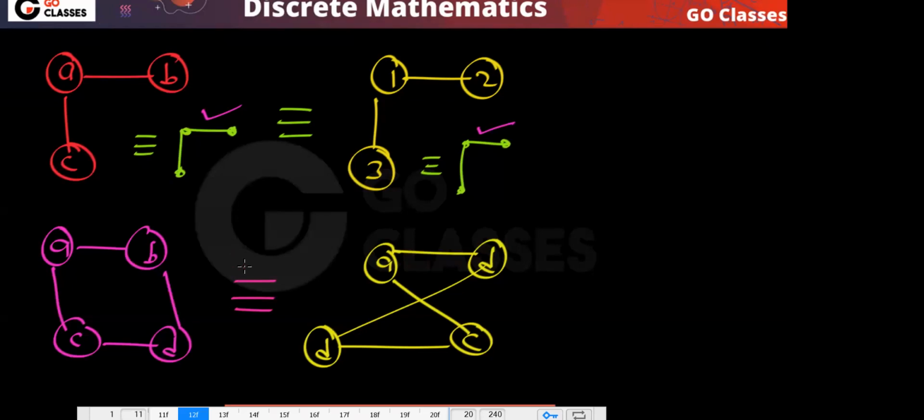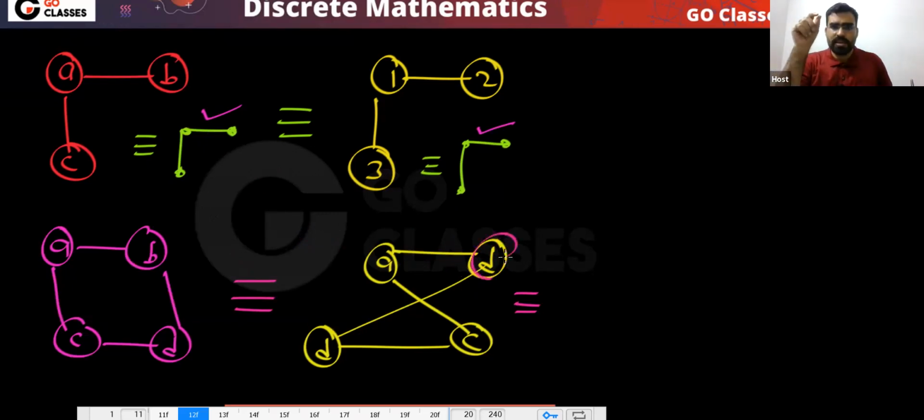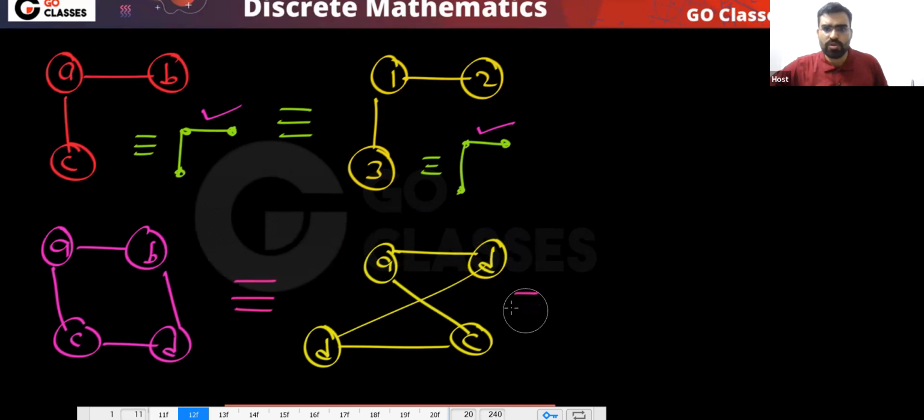If you take this B and pull it here, then ultimately you will get this graph. So yes, these two graphs are also isomorphic.